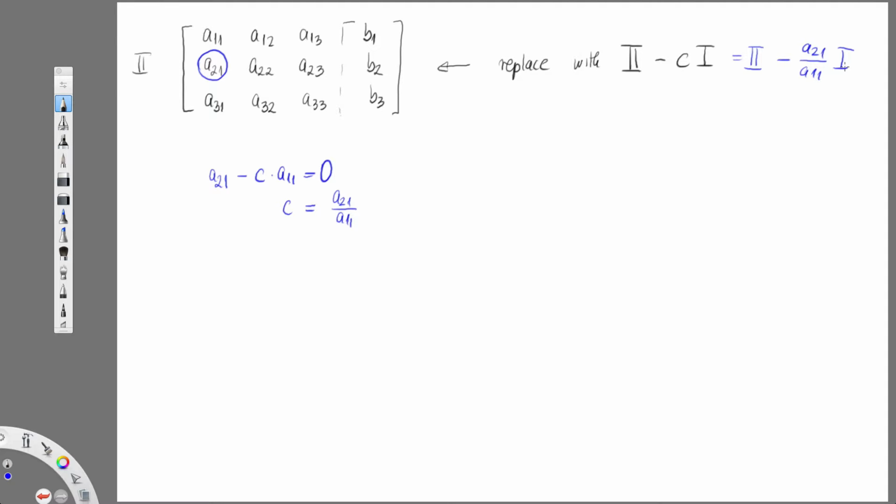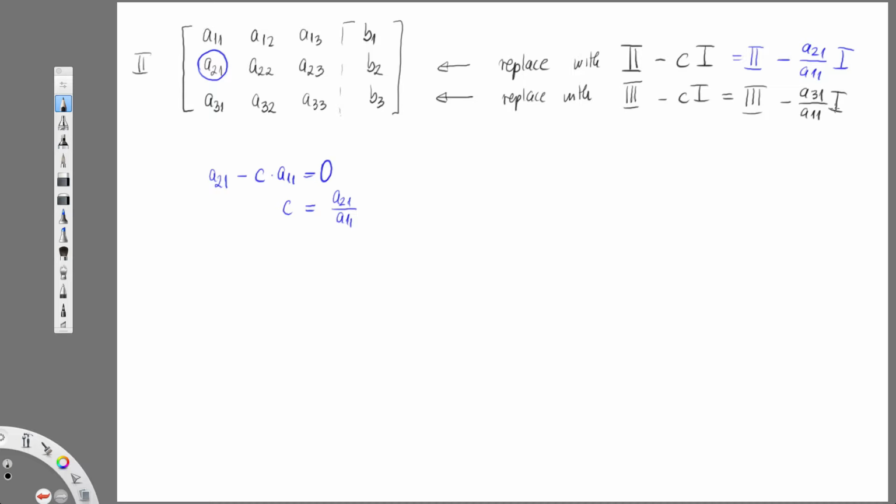By the same logic, what should I replace this row with? It's again some coefficient c. What should this coefficient be? And if I had more equations, I would just keep going until I'm done with all of the rows.